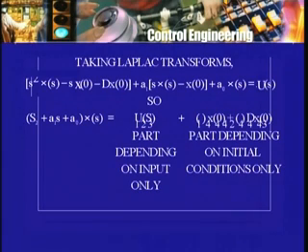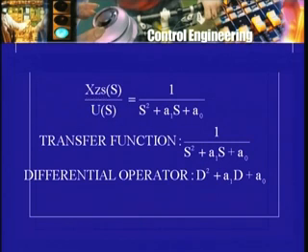So if I am only going to look at the zero state response, or the response under initial conditions 0, or strictly speaking the part of the response that only depends on the input, then what will I get? I will have X zero-state of s divided by U(s) equals 1 divided by s squared plus a1 s plus a0.